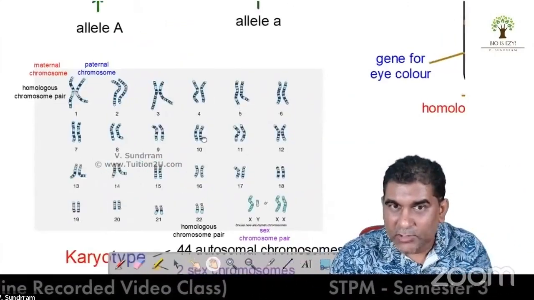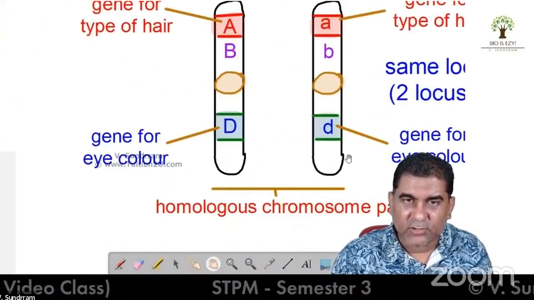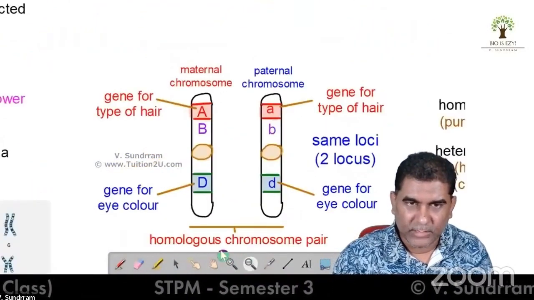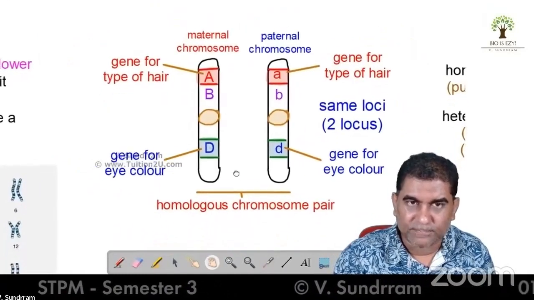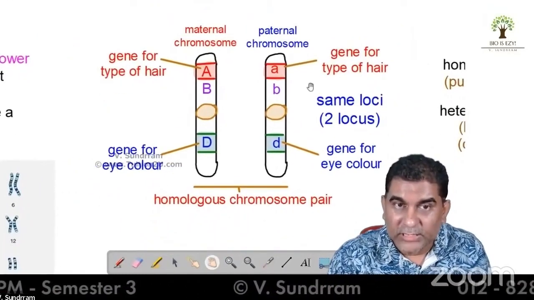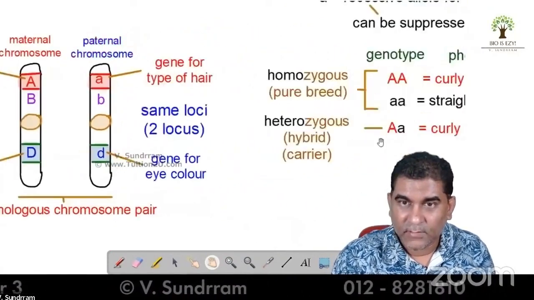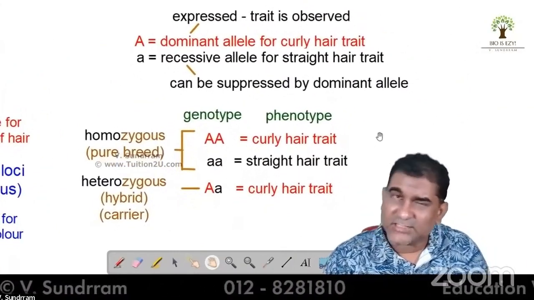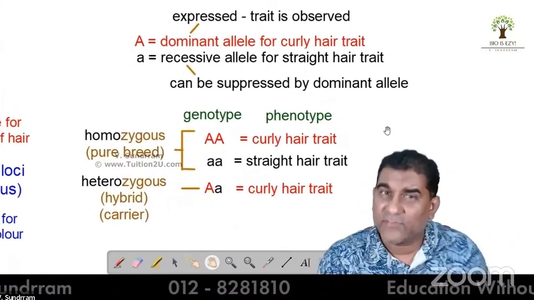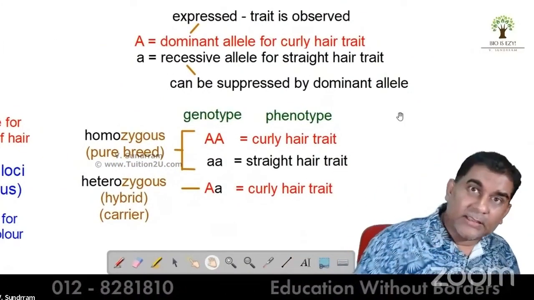Once you know karyotype, I explain arrangement of gene in a chromosome. Once you know the arrangement of gene, arrangement of allele, we explain the meaning of dominant, recessive, homozygous, heterozygous, genotype, phenotype. Basics done. Any question?